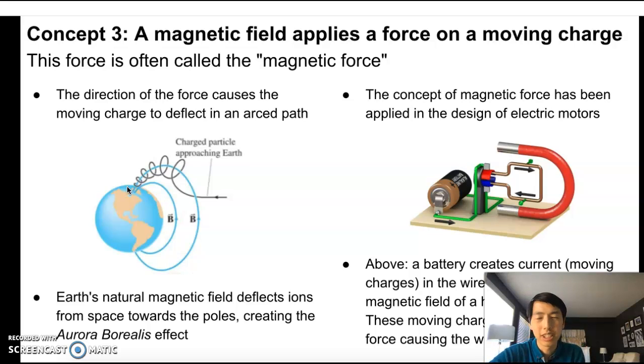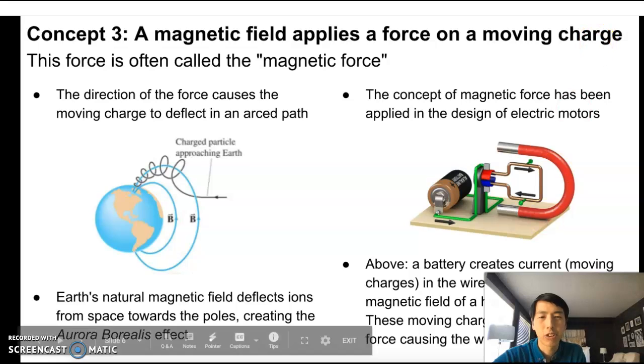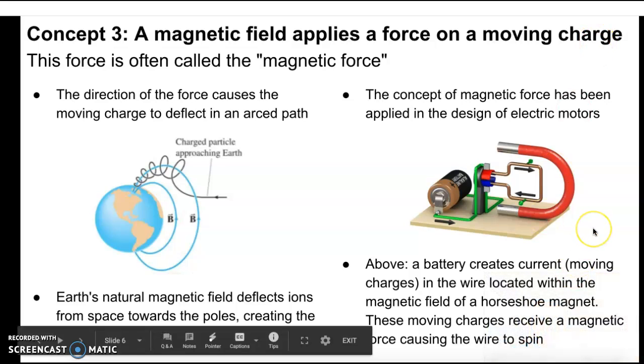That's why you see the aurora borealis, and you have a better chance to see it the more north you go. But the point is that magnets can apply a force on moving charges.